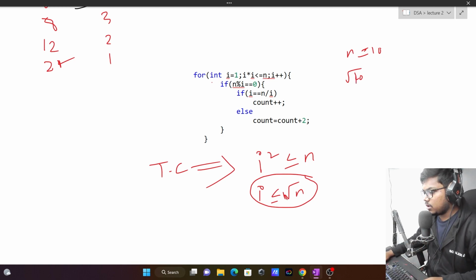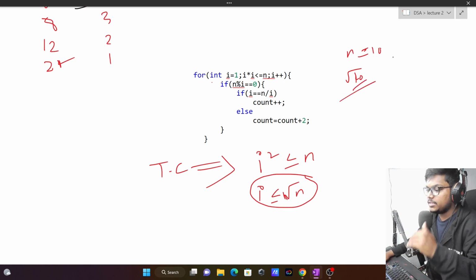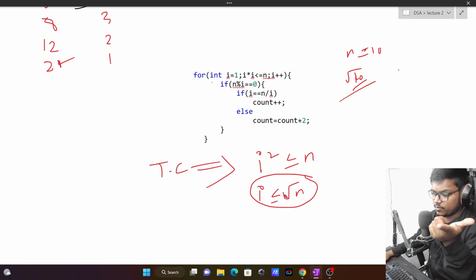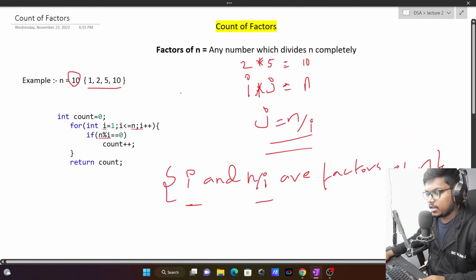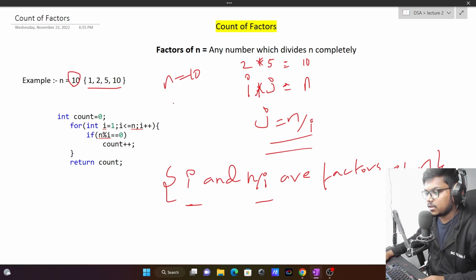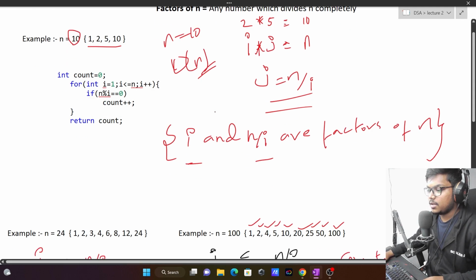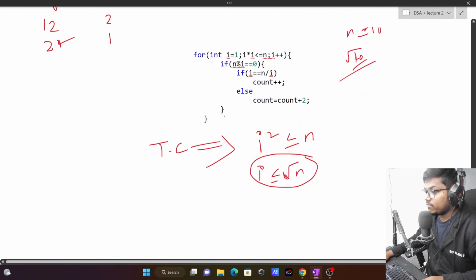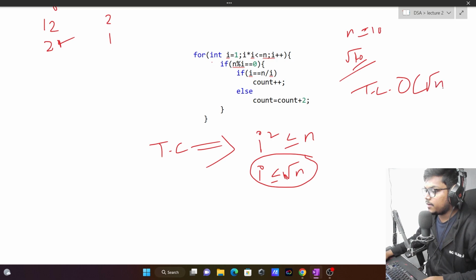So in the general way, what we did in the first condition, if we take n equal to 10, the time complexity is order of n. Basically we have to check every condition, right? So for this, can we say the time complexity is only order of root n, right?